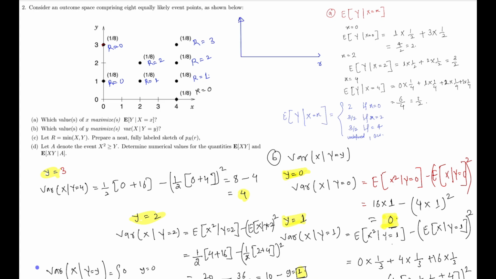So let's say little r is the value it can take. Now I am drawing the PMF of this random variable r. r can take the values 0, 1, 2 and 3, right? 0 with the probability 1 divided by 8 plus 1 divided by 8 plus 1 divided by 8, so that will be 3 divided by 8. r can take the value 1 with the probability 2 divided by 8. r can take the value 2 with the same probability, 2 divided by 8. r can take the value 3 with the probability 1 divided by 8.